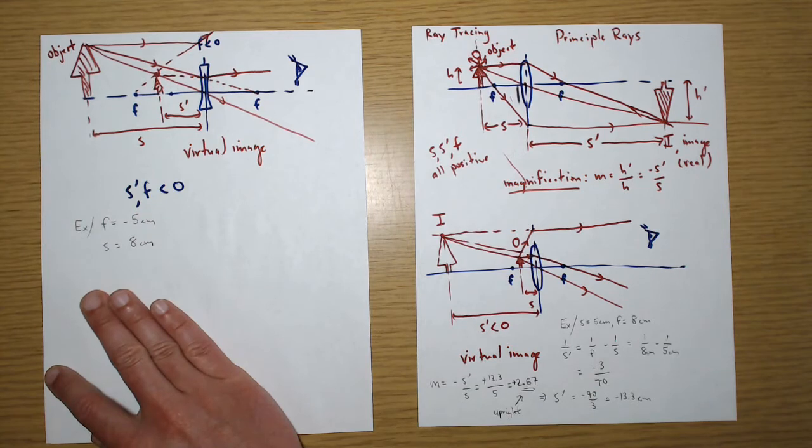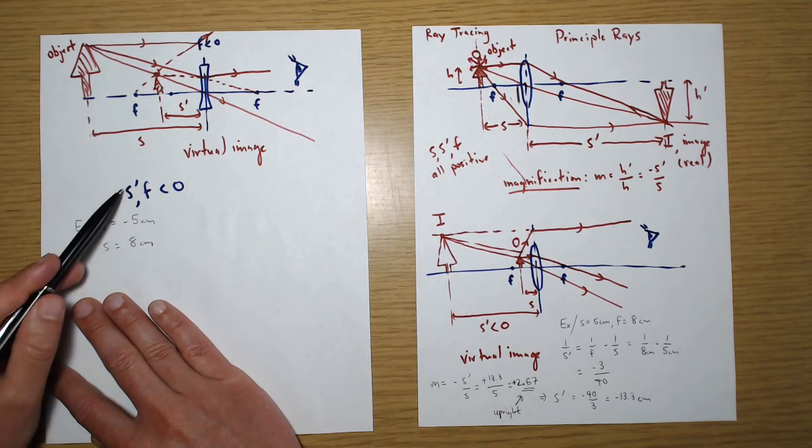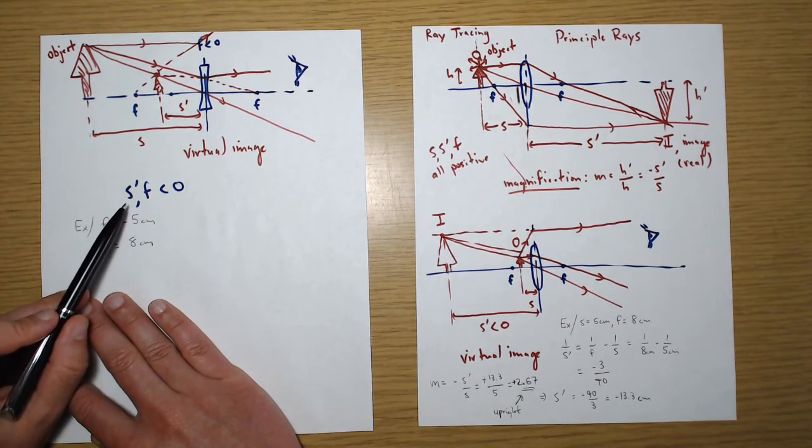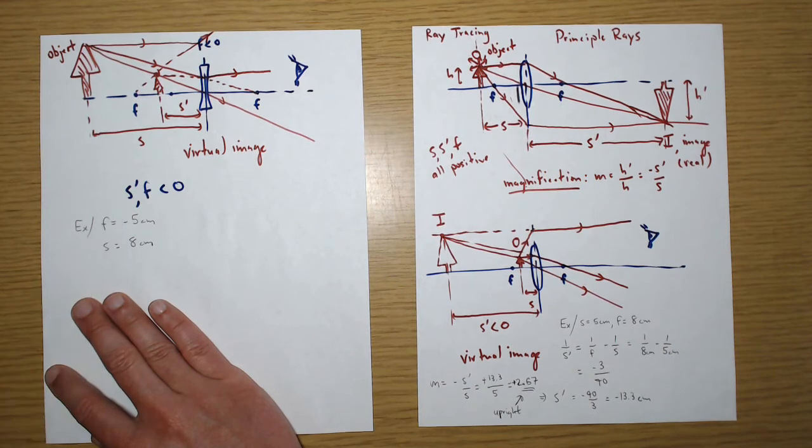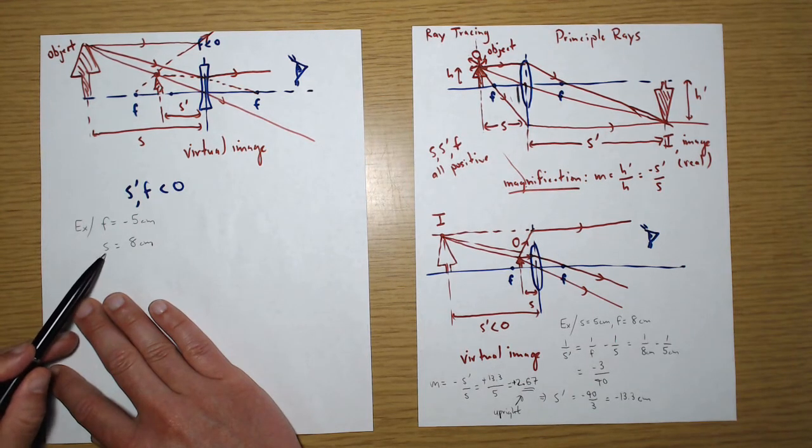Object distance, by the way, is always positive. It's only the image distance that can be positive or negative depending on which side of the lens the image appears. If it's opposite side of the object, then it is positive. If it's the same side, it's negative.